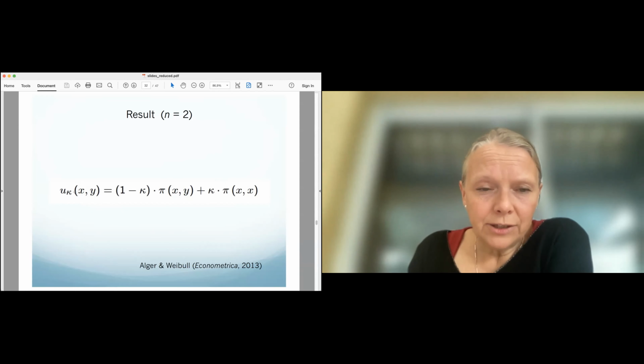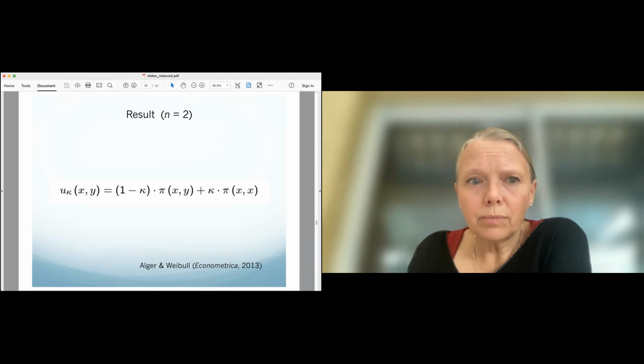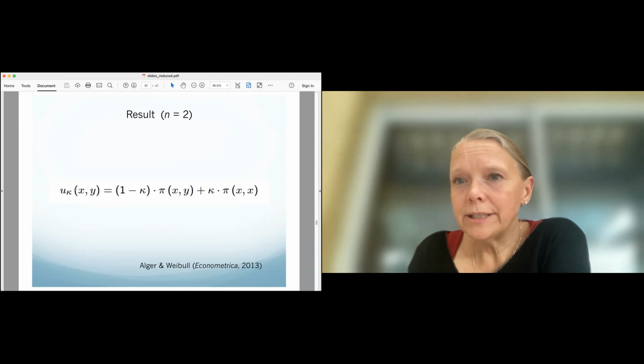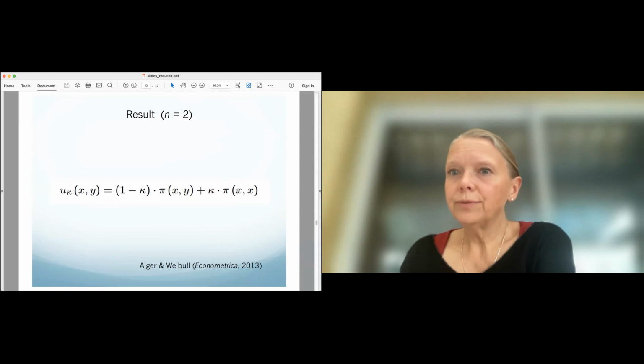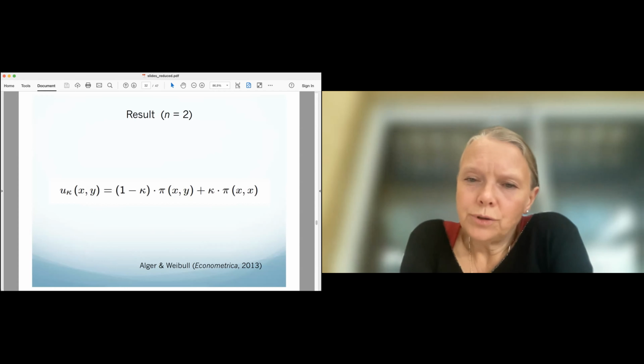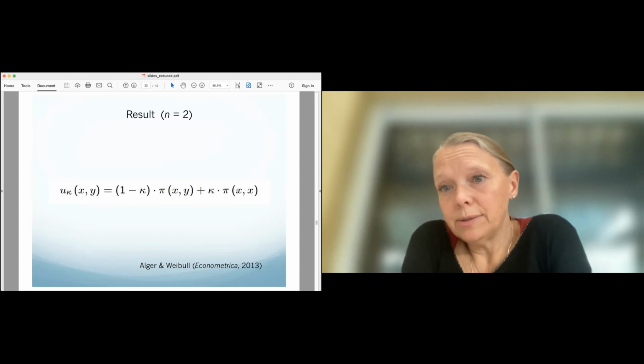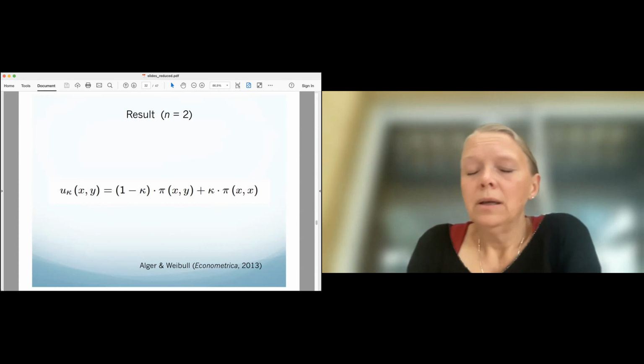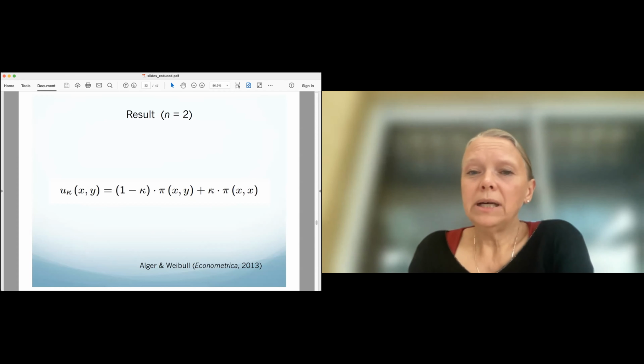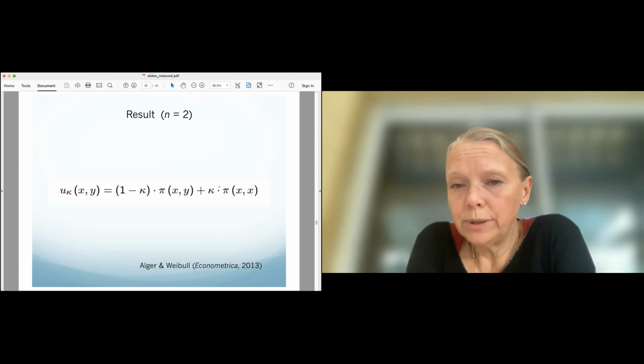So imagine that I have this goal function, then I will evaluate my strategy x, both in light of what my true material payoff will be, but also what my material payoff would be if the other person were to choose the same strategy as me, hypothetically. And I attach this weight kappa to the second component.